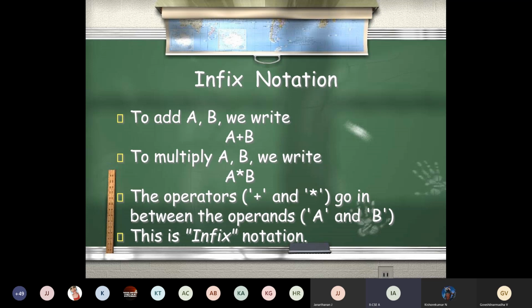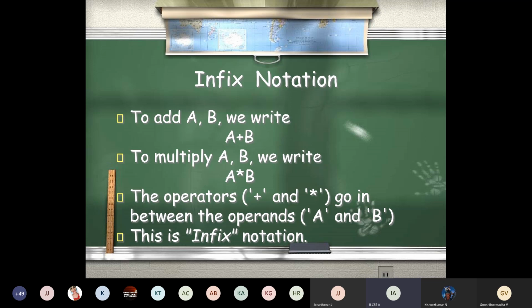Write by the side in your notebook: operand. So your A and B are operands, and plus is your operator. When you use an expression to denote add a and b using infix notation, you write the operator in between the operands.